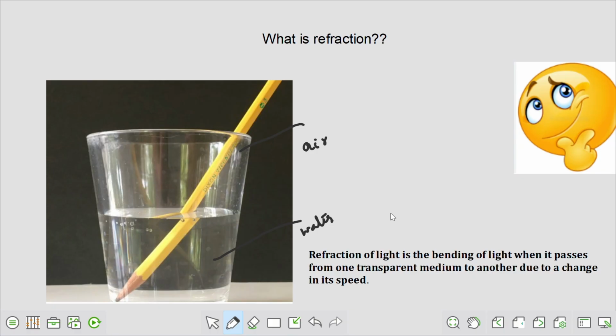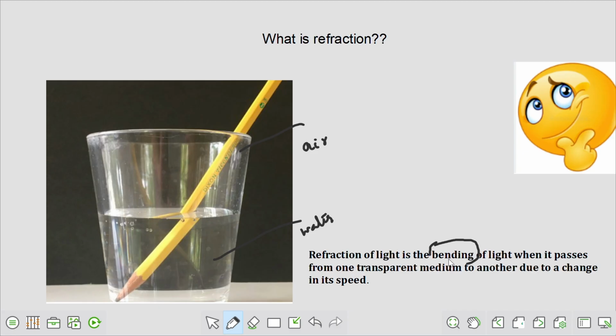So what happens to light when it enters a different medium? Exactly, light rays bend. Why does it bend when it enters a different medium? The behavior of light with individual particles varies when it goes to a different medium. The behavior of light with the particles in air is different from its behavior when it interacts with water particles.